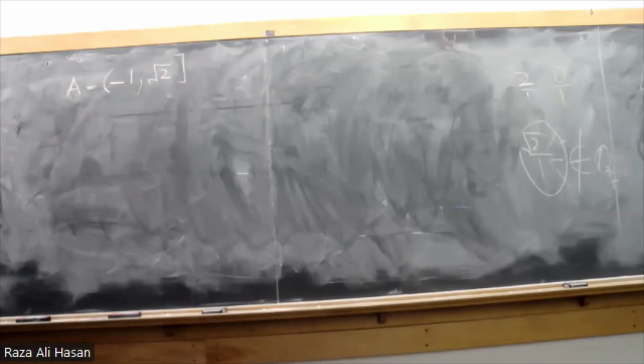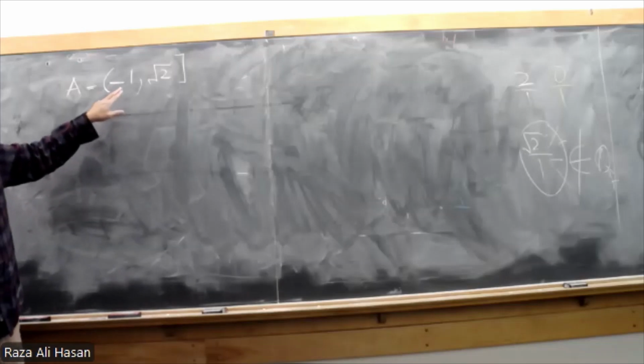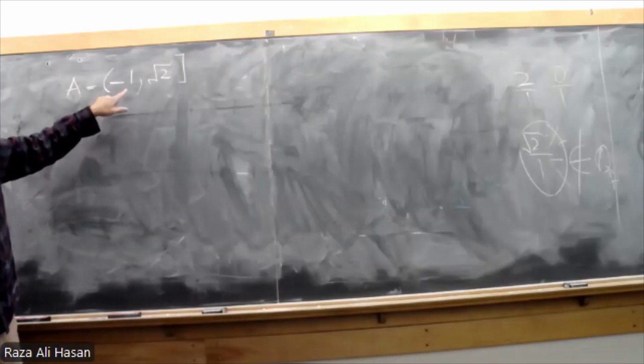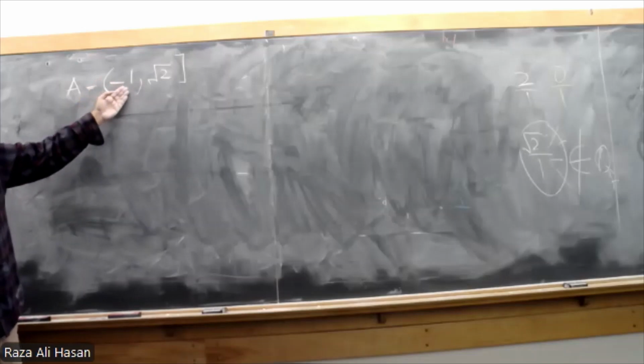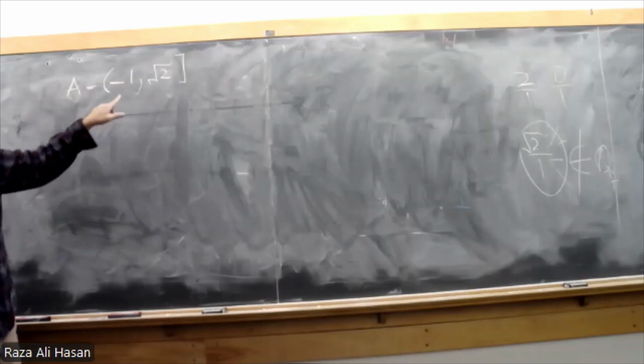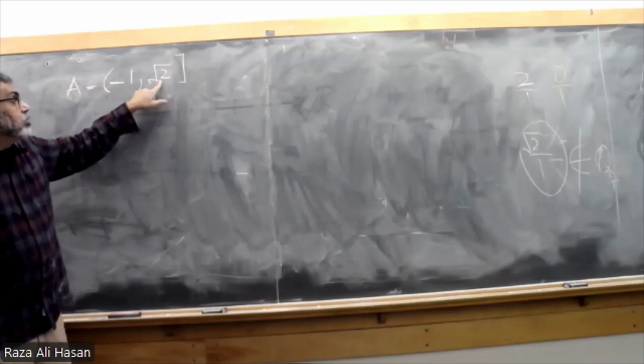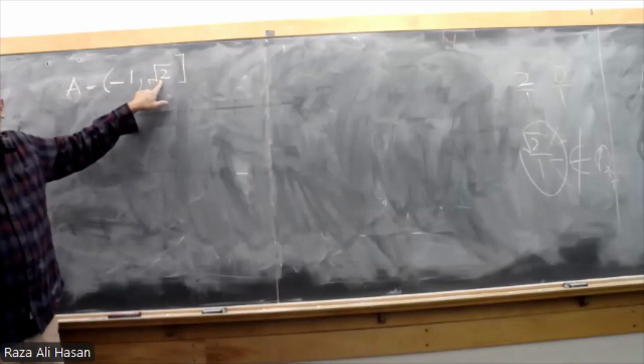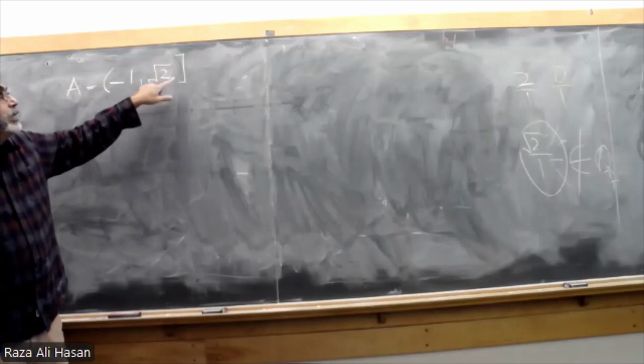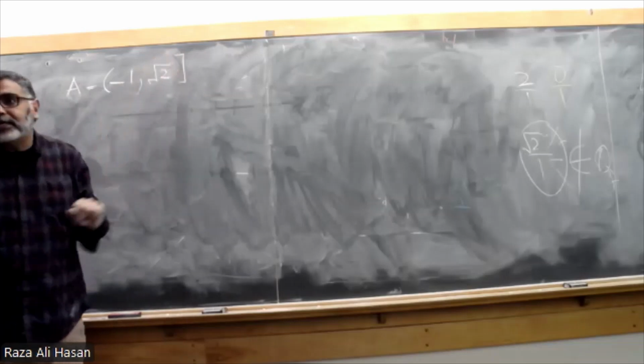So I have a set of real numbers that start right after -1. So -1 is the lower bound, but it's not in the set. And square root of 2 is the upper bound, and it is in the set because I have the square brackets right here.